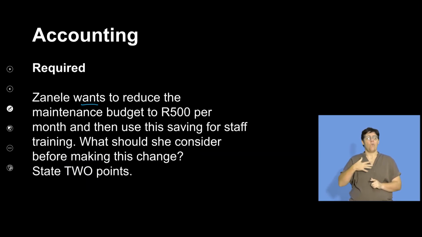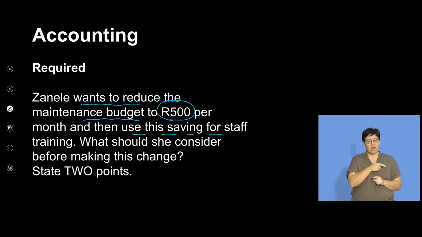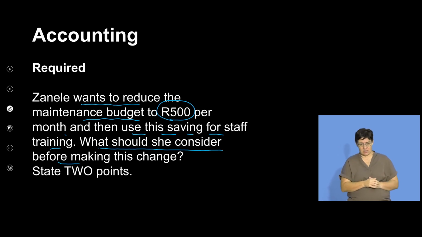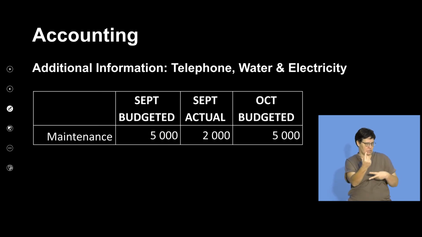Zanele wants to reduce the maintenance budget to 500 Rand per month and then use the saving for staff training. What should she consider before making this change? State 2 points. All right, let's see. Firstly, look at your maintenance budget. You budgeted an amount of 5,000 Rand, okay?